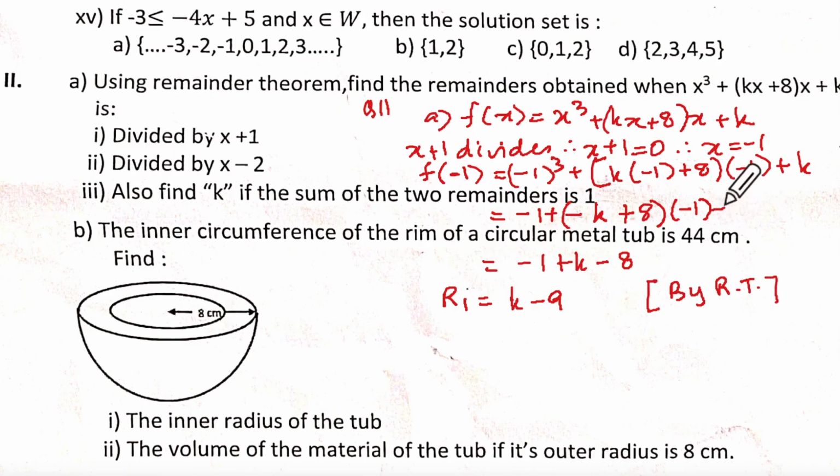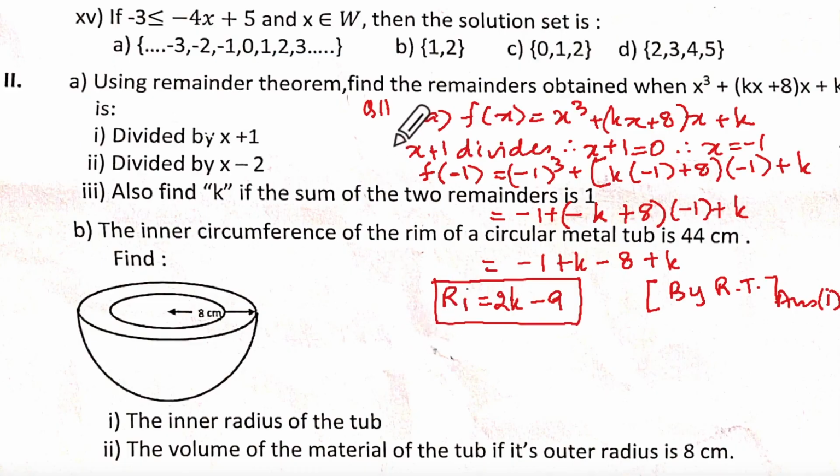Okay. This k I forgot, no? Yes, ma'am. Now correct? Okay, so this is your answer 1. Then we come to the second part. Miss, I have a doubt in this one.